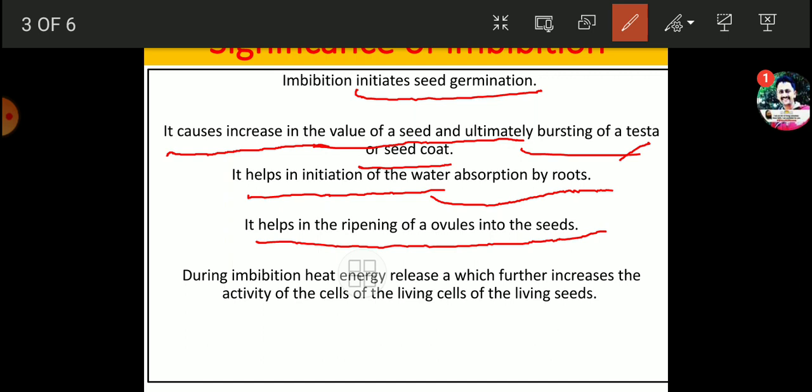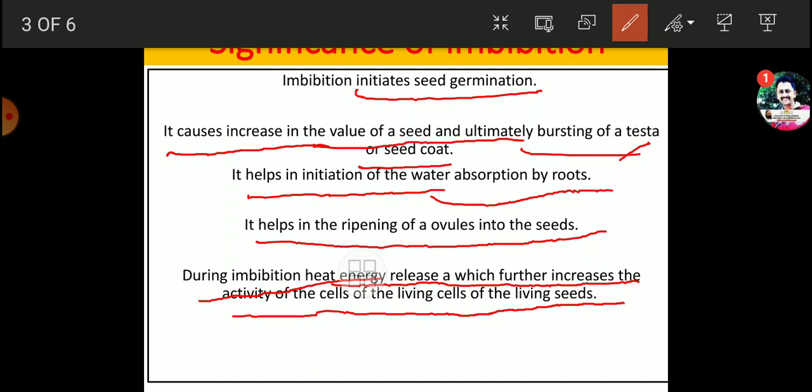Imbibition initiates seed germination, helps in bursting of the testa or seed coat, initiates the absorption of water by roots, and helps in ripening of the ovules into seeds. Last, during imbibition, heat energy is released, which further increases the activity of the living cells of the living seeds.